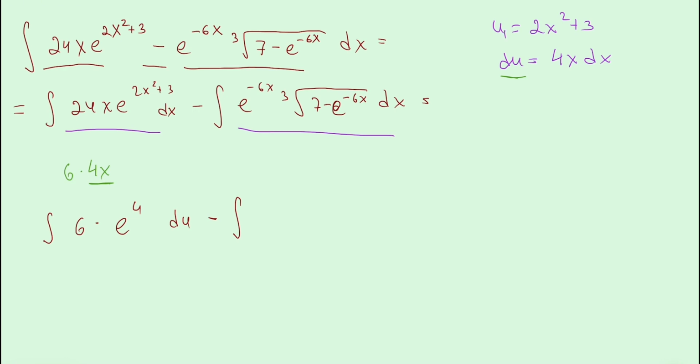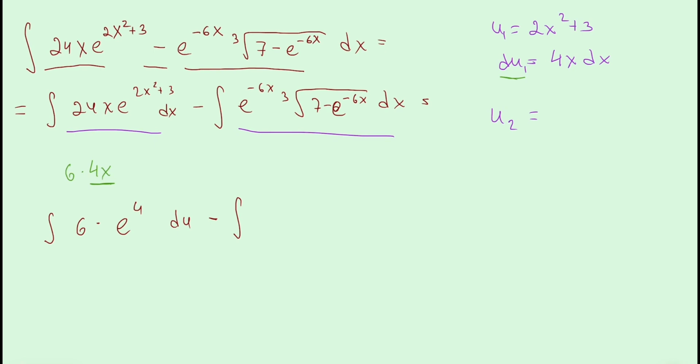Minus, now we're going to use U-substitution for the second part. Let's say this is u1, du1. Now we're going to do u2. Here, we would substitute u with 7 minus e to the negative 6x. And du2 would be the derivative of this. The derivative of e to the negative 6x is going to be negative 6 times e to the negative 6x dx.